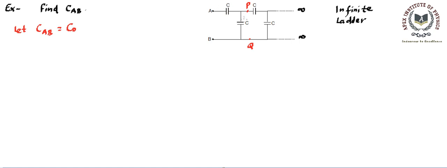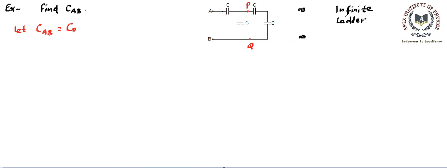That means if we remove this set, this is one, then this network of capacitors will be visible exactly similar to what it was earlier, because there is an infinite number of combinations of C and C, and out of those infinite combinations, we are removing one set.